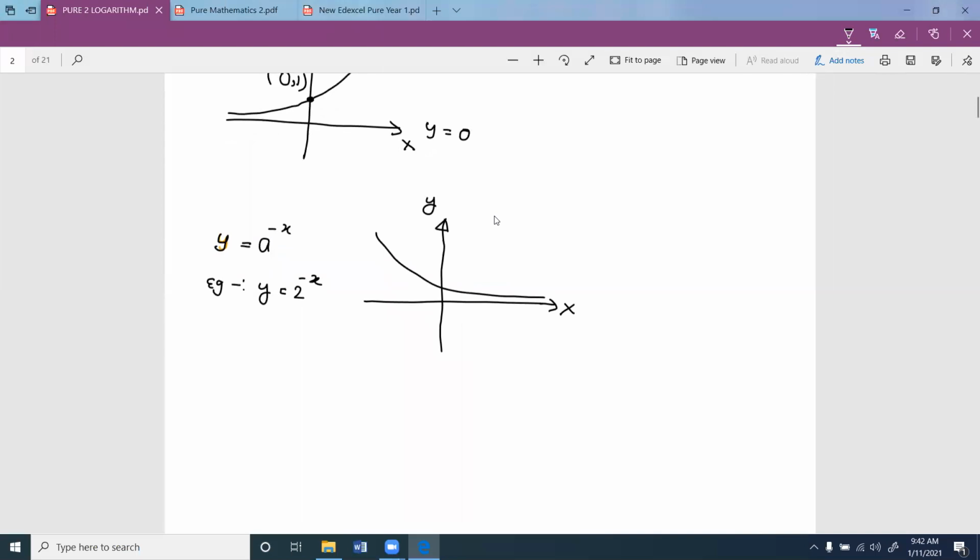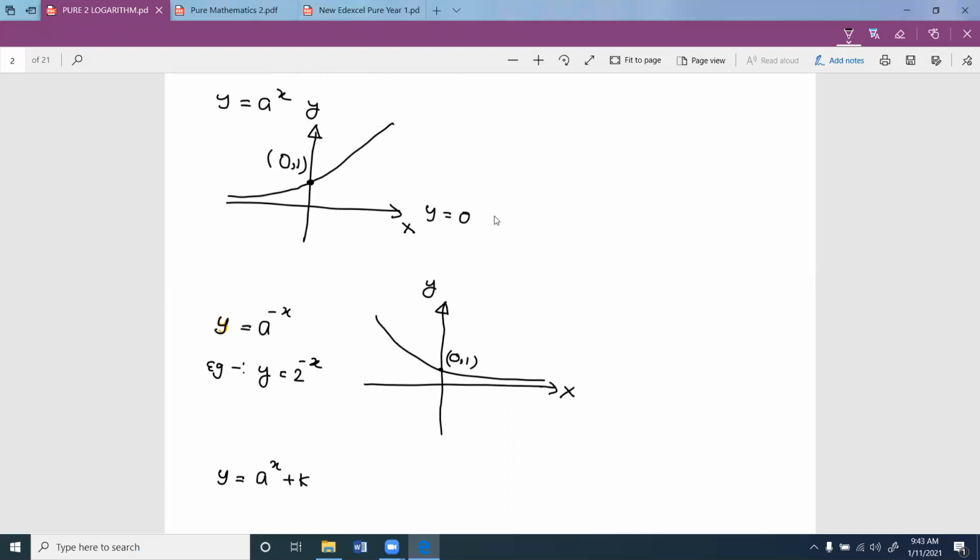Then if you need to draw y equals a to the power x plus k graph. This value does not change, as it's (0, 1). If you want to do this transformation, then what happens? This a to the power x graph is this. This is the a to the power x graph.